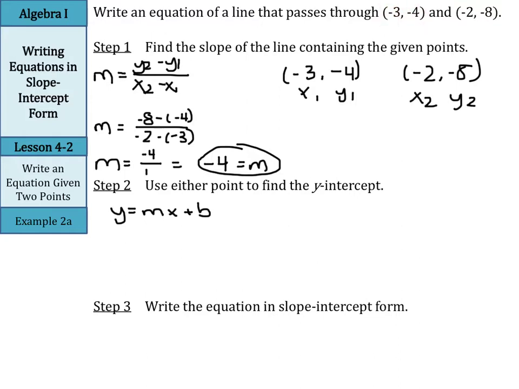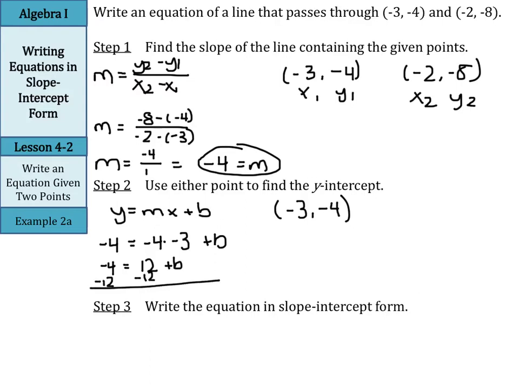So our y here is -4 equals our slope we calculated, -4, times our x here, -3, because again we used the point (-3, -4), plus b. We'll simplify here. -4 is going to equal -4 times -3 is a positive 12 plus b. Subtract that 12 from both sides, and -16 equals b.